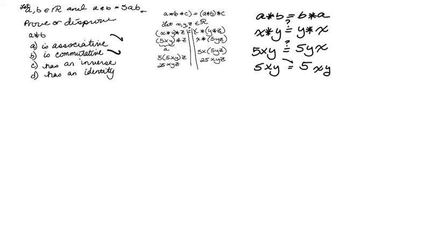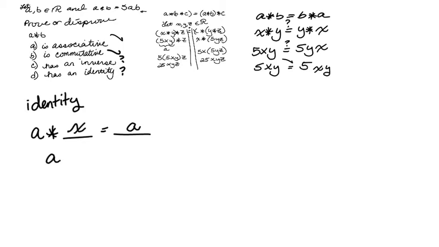Does it have an inverse? Does it have an identity? So let's first do the identity. So if I have some number and I'm starring it with something else, will I just get that number? So is there any way that I can put in a number here and just get A? So let's try it. Let's put in an unknown value here.